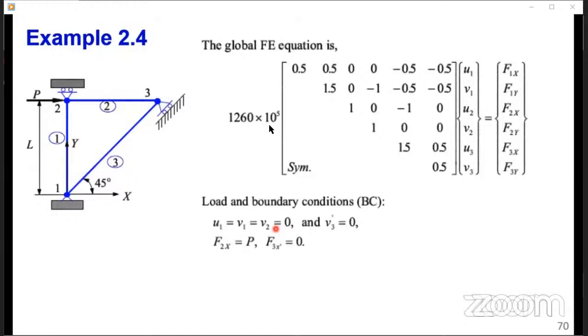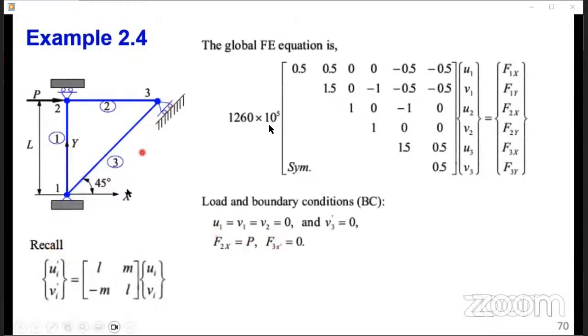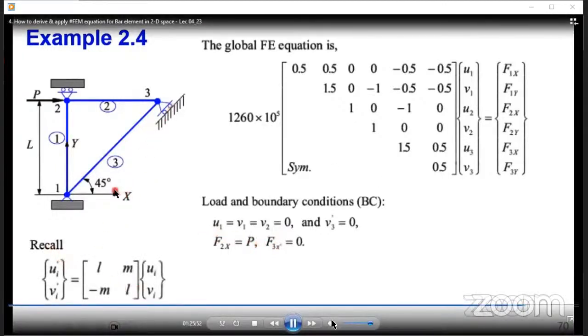Right? Now, with that in mind, you have to note here, we go back to the elemental scale because we want to transform from element to global. This is the equation we started with at the elemental scale. How we transform one node, the first derivation from local to global, is what we write as this equation.